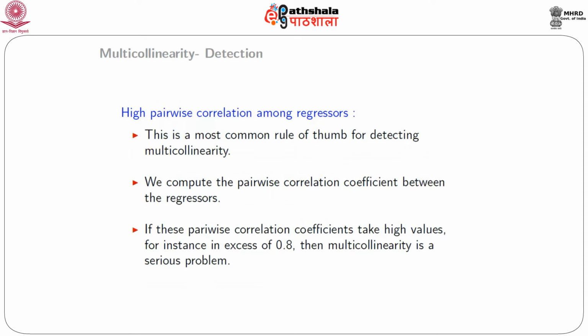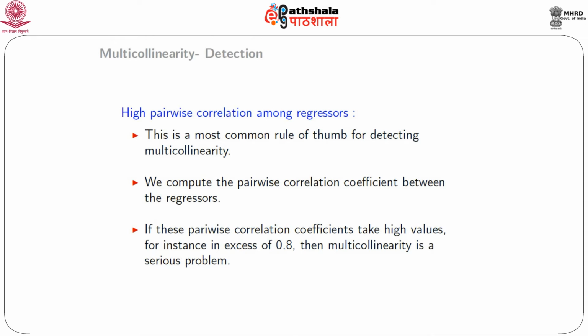Now, a different and very crude method of detecting multicollinearity is by looking at the pairwise correlation among regressors. As we have learned in the module on simple linear regression, the correlation coefficient is a measure of the strength and direction of the linear relationship between two variables.